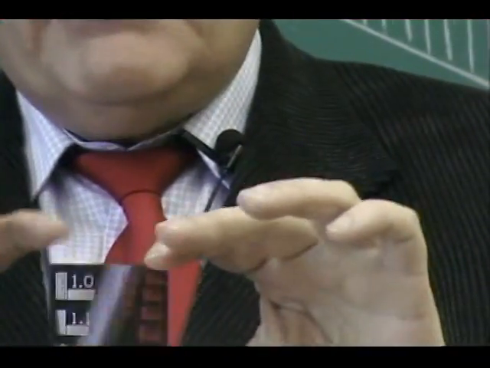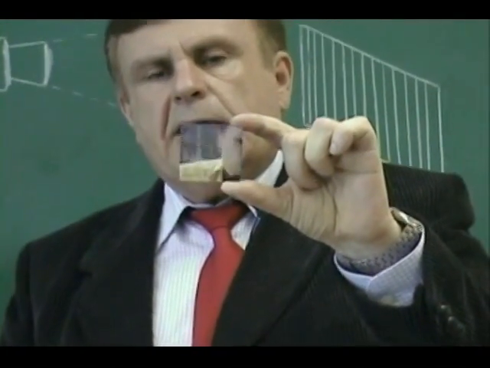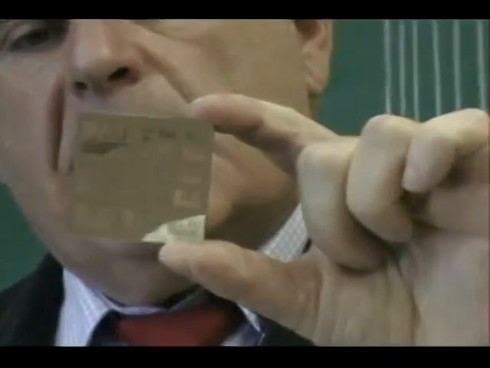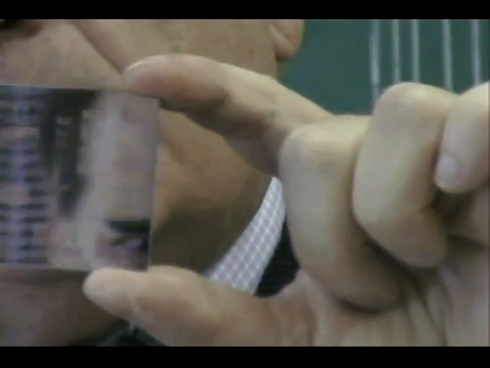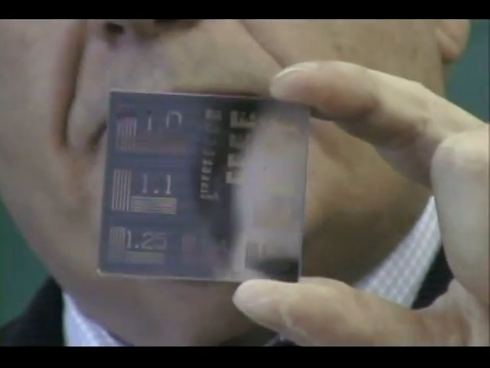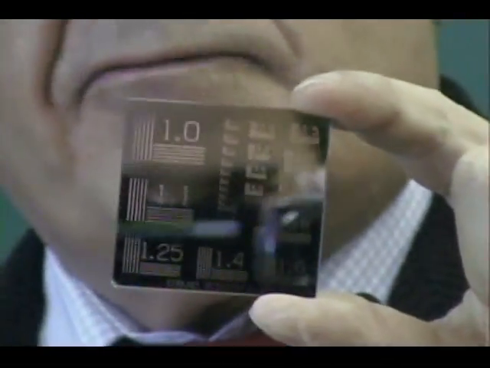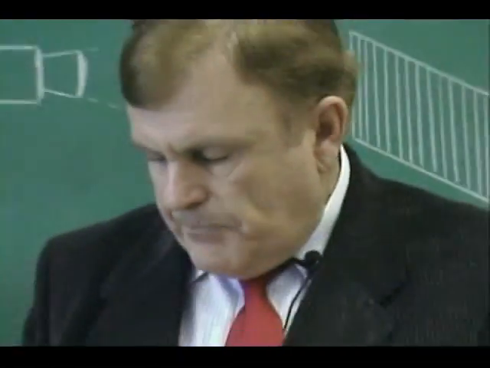This is called NBS, National Bureau of Standards 1963 resolution target. You also see it contains vertical and horizontal bars, and numbers near these bars tell you how many bars per millimeter you have. So you definitely know the pattern of your resolution target.